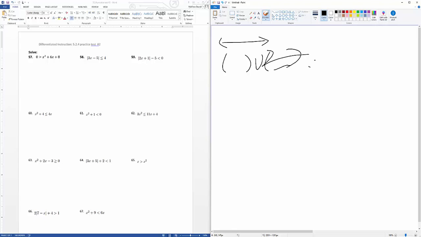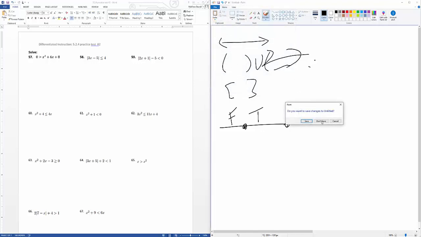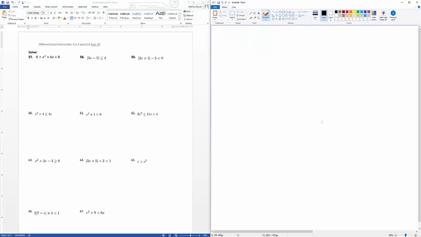It could be represented in multiple ways. But the idea is I need to find where it intersects those boundary points. So we find the boundary points so we can put them on the number line, and we test true or false to see where we need to shade. The true area represents our solution. So let's look at 58.